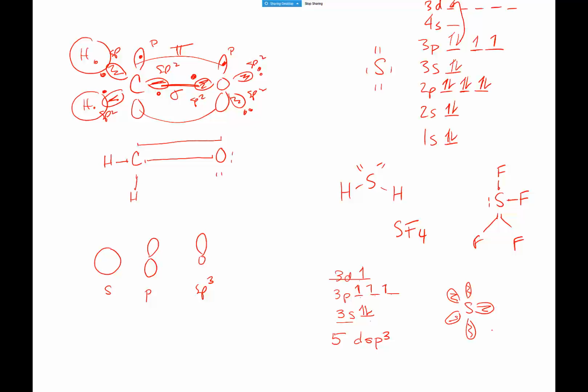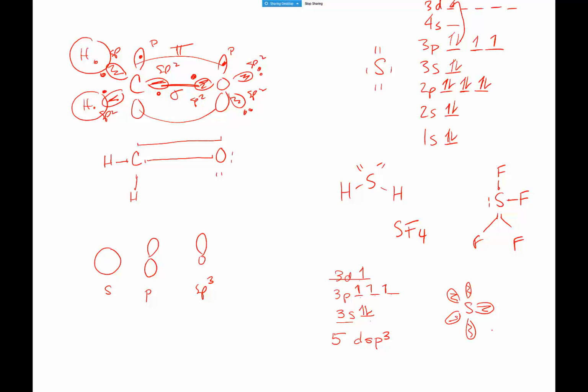Why can't nitrogen? Why can't oxygen? It wouldn't have to be the 3D, it would have to be a 2D, because they're row 2. So if I wanted to do this for carbon, I'd have to expand it to a 2D. And there is no 2D.